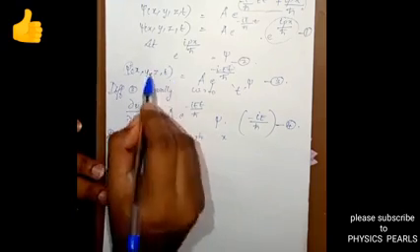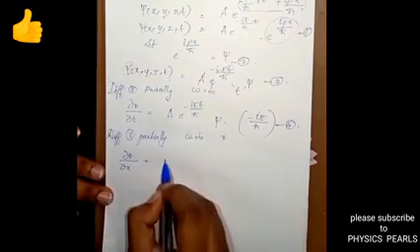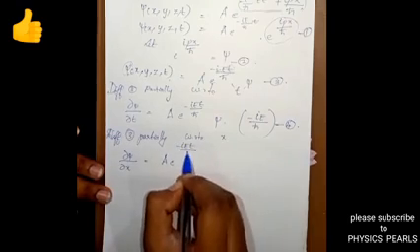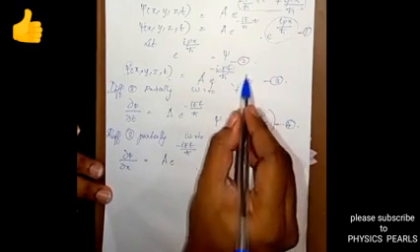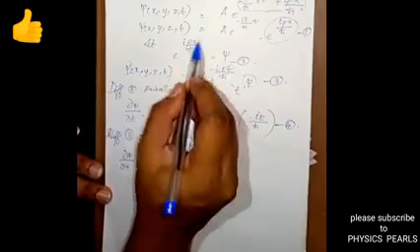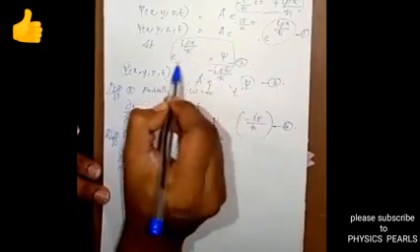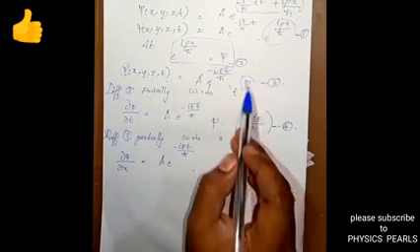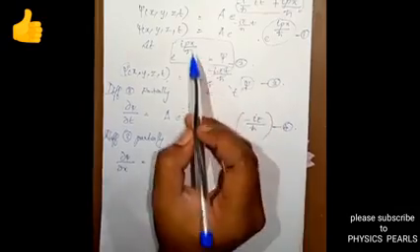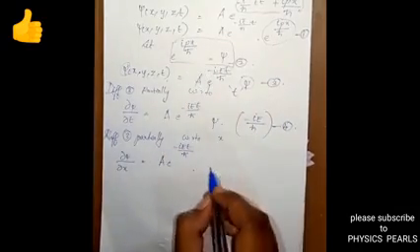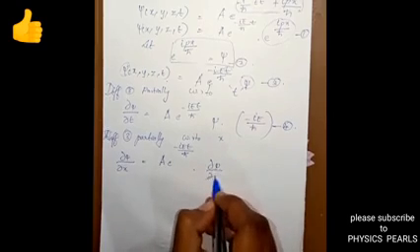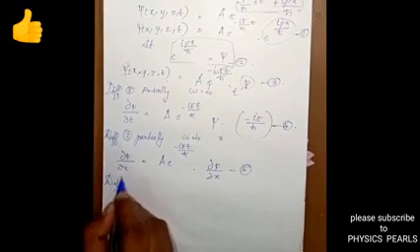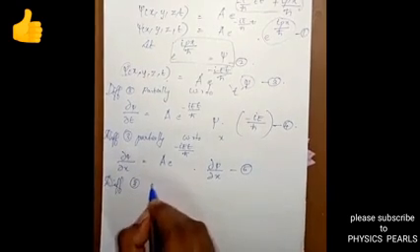The remaining terms get cancelled, and we have e power minus iEt by h cross, and this alone has the x. That is, in equation number 2 this is psi, whereas in equation number 3 the RHS has an x term, so that is differentiated as dou psi by dou x.